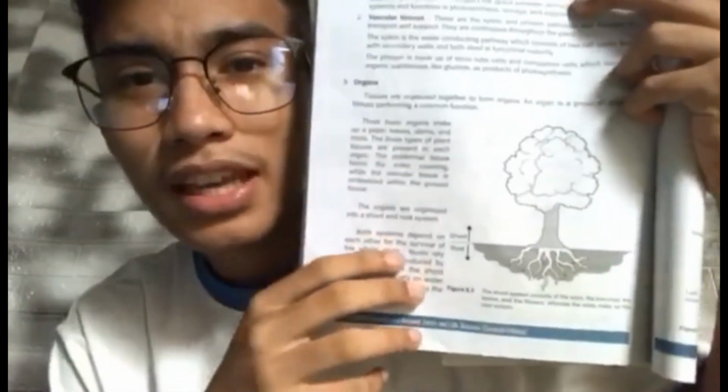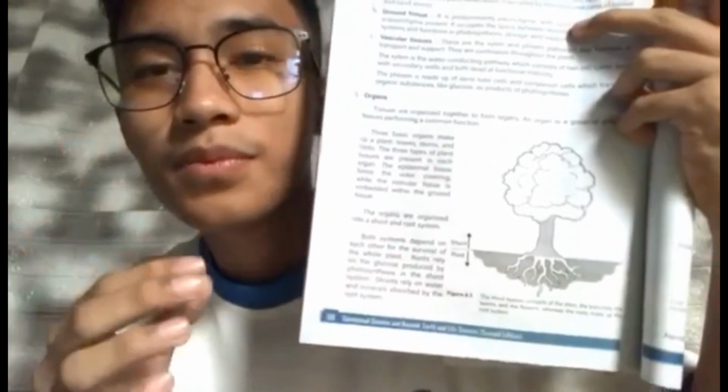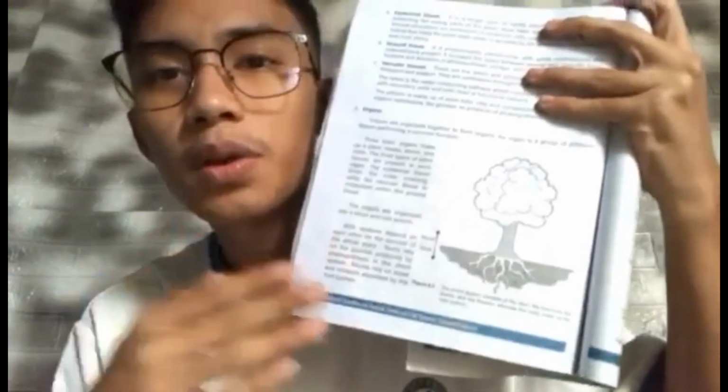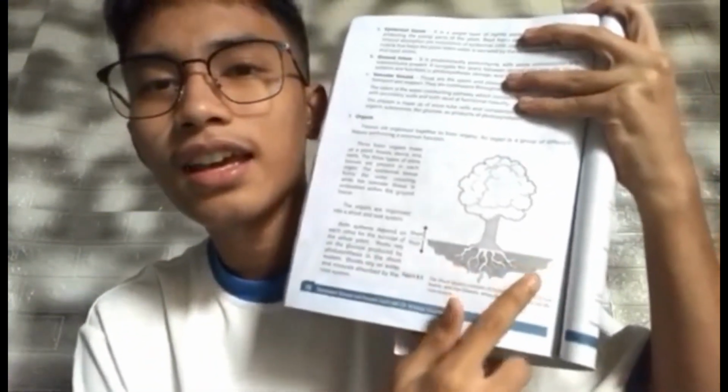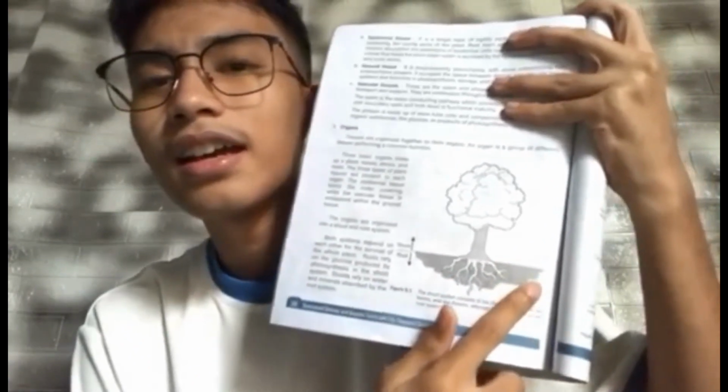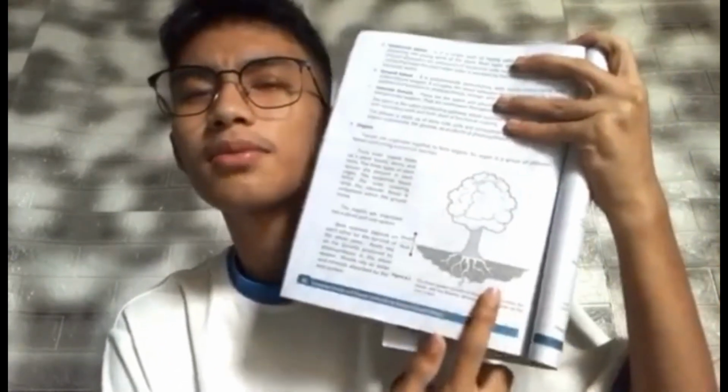Basically, we were able to see a tree, and deeper, or lower, is a root, and a, what do you call this one? I forgot.